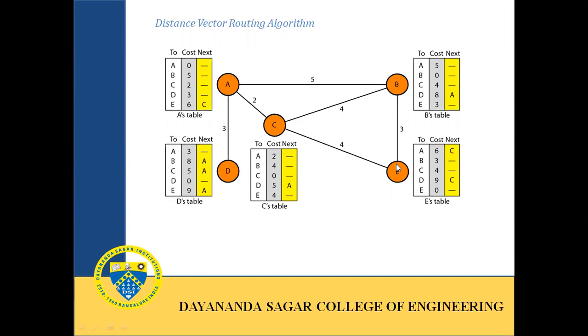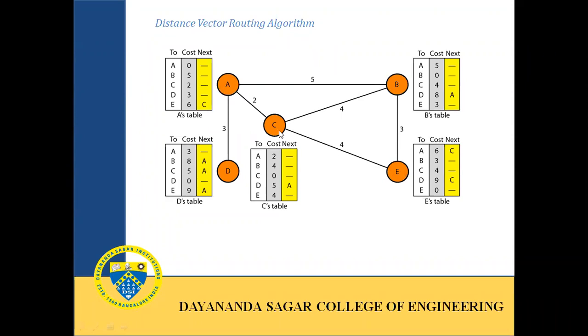Now, how does this distance vector routing help the routing tables? So distance vector algorithms help in finding the shortest path. Now, for example, for A node to reach E, there are 2 paths. You can go through B and reach E, or you can go through C and reach E. So the cost involved is 5 plus 3 if you're going to use a B node, that will be 8.